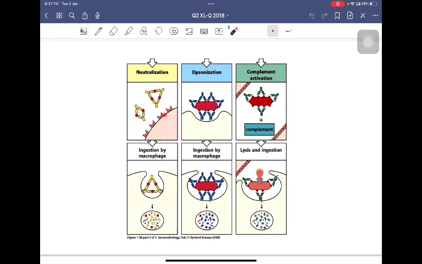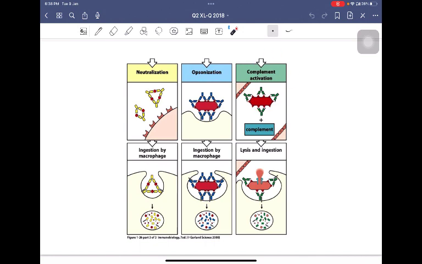After this opsonization process, after the antibodies have coated the pathogen, that antibody pathogen complex can be ingested by the macrophages. And so this initiates the process of phagocytosis.